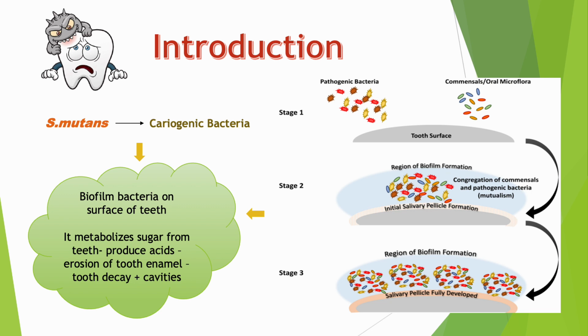In scientific terms, cryogenic bacteria live in biofilm, and these biofilm bacteria basically attack the surface of the teeth. They metabolize sugar from teeth and further produce acids, and these acids result in the erosion of teeth, tooth decay, and various cavities.